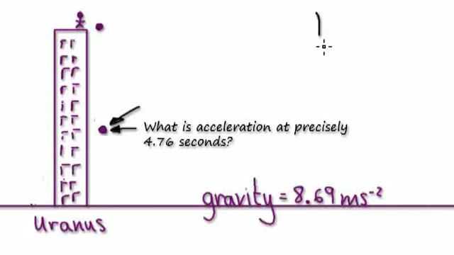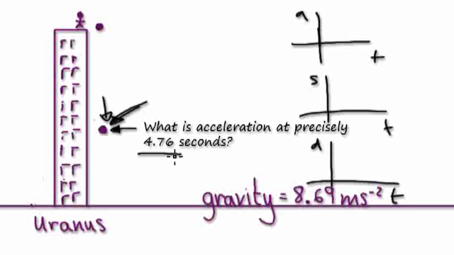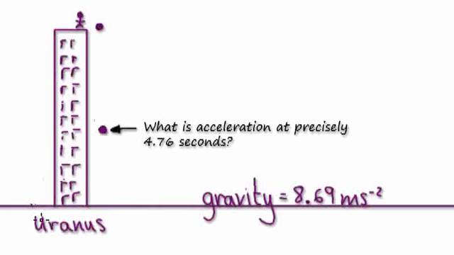Maybe draw your acceleration time graph, speed time graph, and distance time graph, and then tell me the acceleration at 4.76 seconds. Okay, so press pause and have a go.